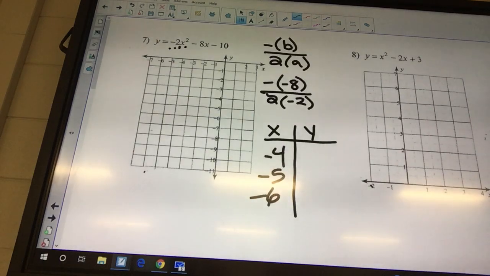What the hell? What? I still got a big number. I got negative 2, negative 3, negative 4. There's no way, bro. What'd you guys get? I got negative 2, negative 3, negative 4.